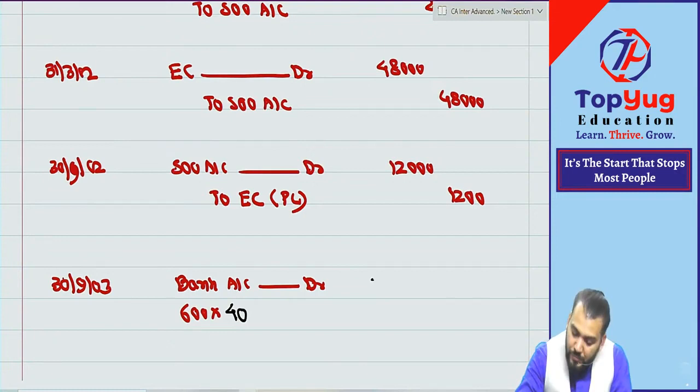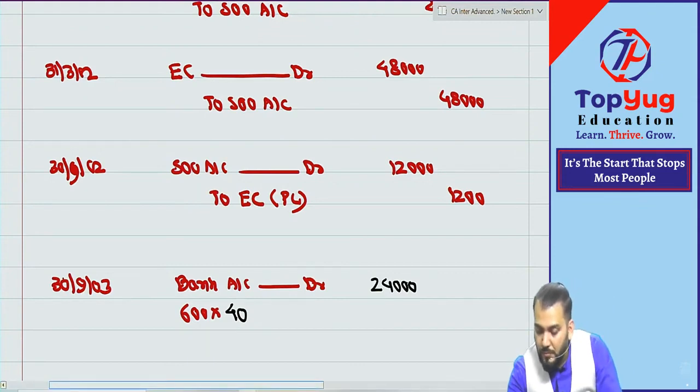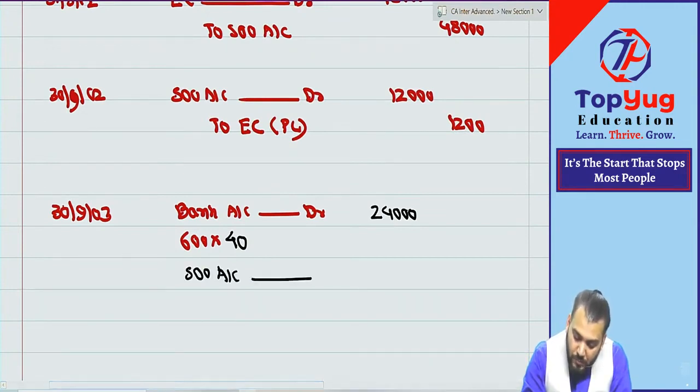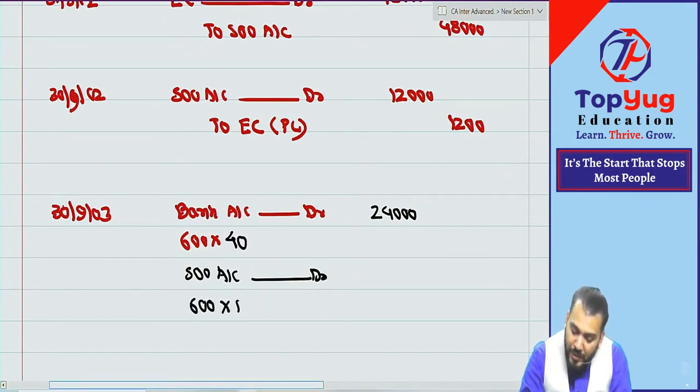How much? 24,000. Then stock option outstanding account. 600 into what? 120. Very good. How much? 72,000. Have you understood what I am doing?